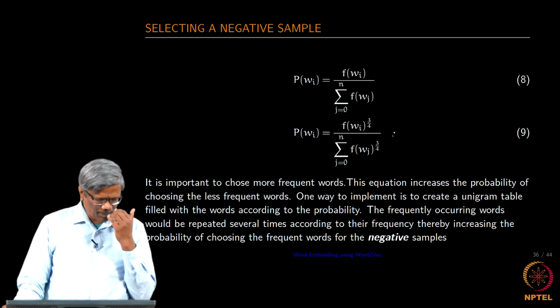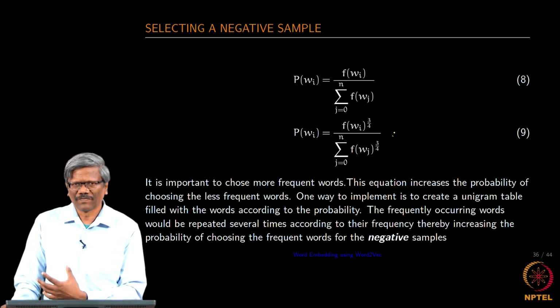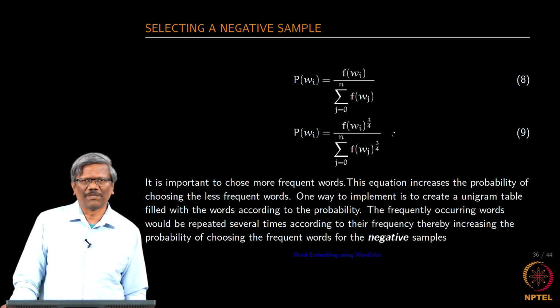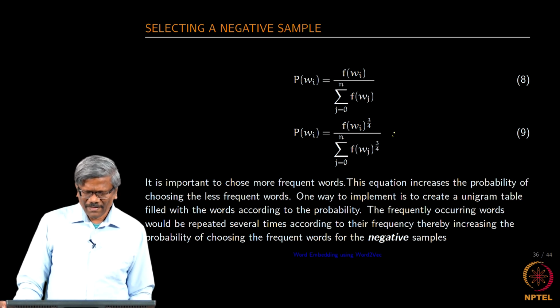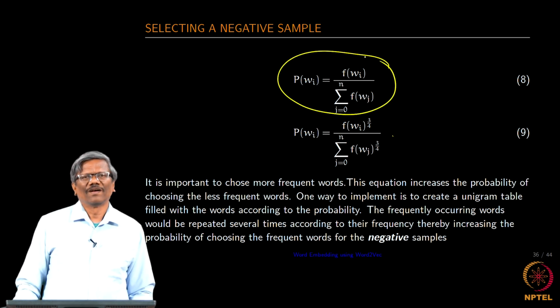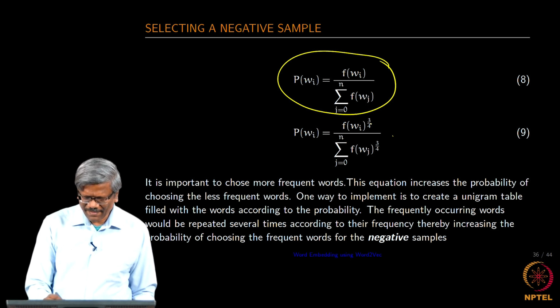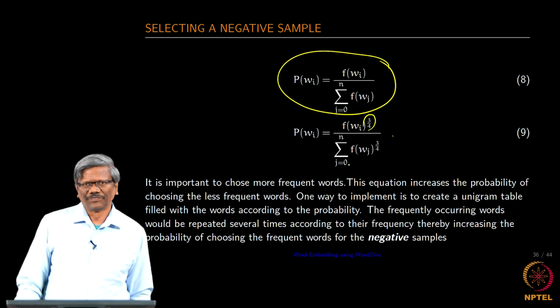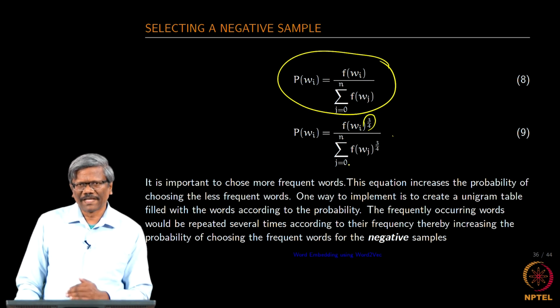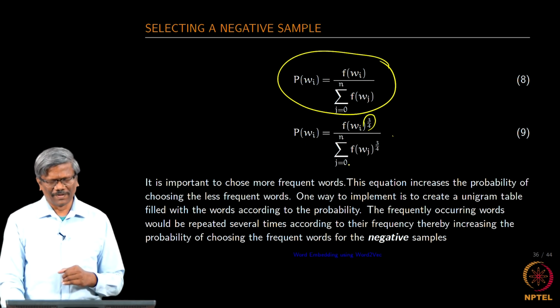We want to pick only the most frequently appearing words as negative samples. This, I am sure you would know, is the probability of a given word in the corpus, right. So we are applying some mechanism which boosts the probability of less frequent words and reduces the probability of highly appearing words in the corpus.